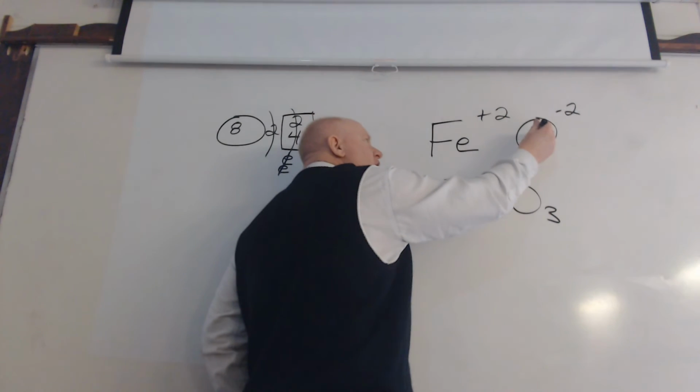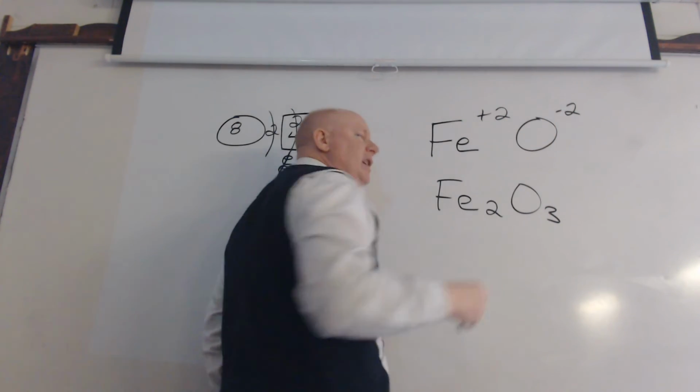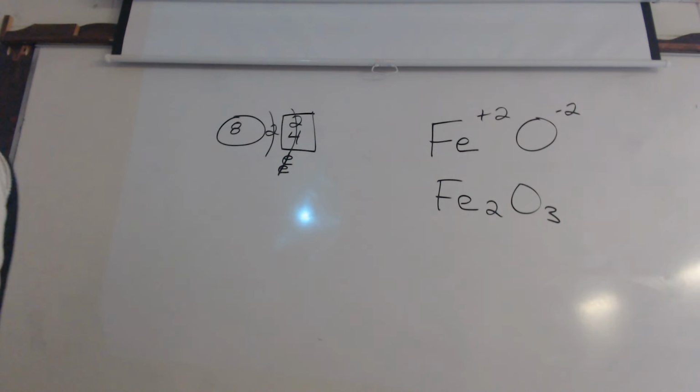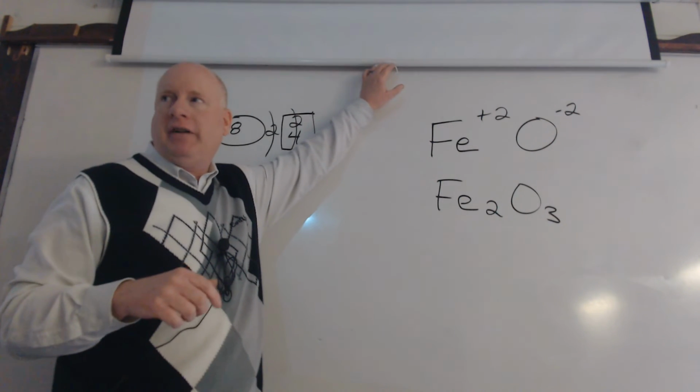If this bonds to sulfur instead, which it does, that's why people can succumb or pass away from hydrogen sulfide gas. Because, again, that sulfur replaces that oxygen, and they slowly asphyxiate, which means they suffocate.